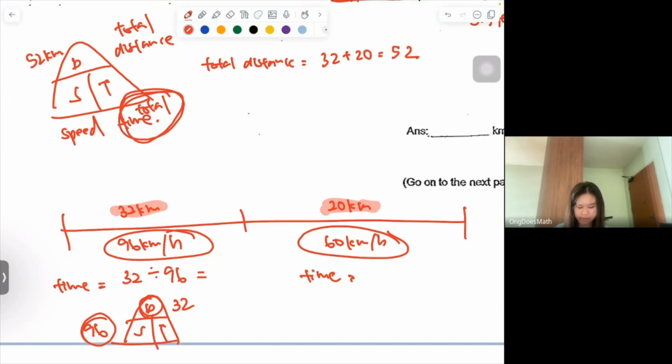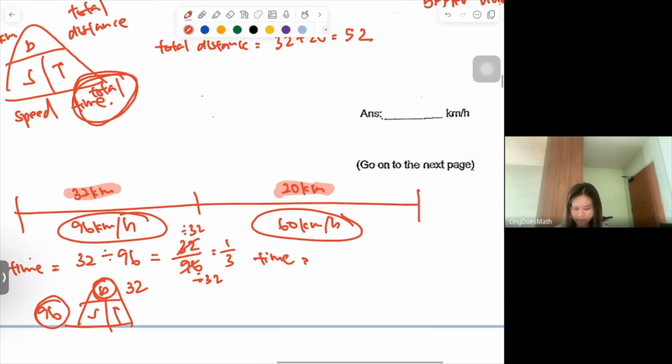This should give you 1/3, because both are divisible by 32. Divide by 32, divide by 32, gives you 1/3. Next, the time for the second part. Same logic, DST. To find out the time, you take the distance divided by the speed.